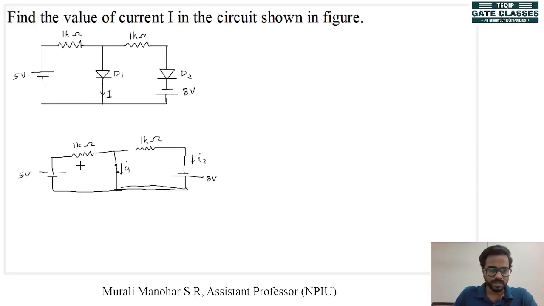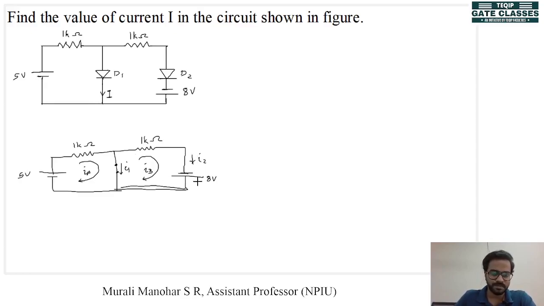Now we have two meshes, so let's call this current IA, and let's call this current IB. Now we can find out the values of IA and IB, and then we can find out the values of I1 and I2, and after finding out the values of I1 and I2, we'll know whether the diodes are forward biased or reverse biased.